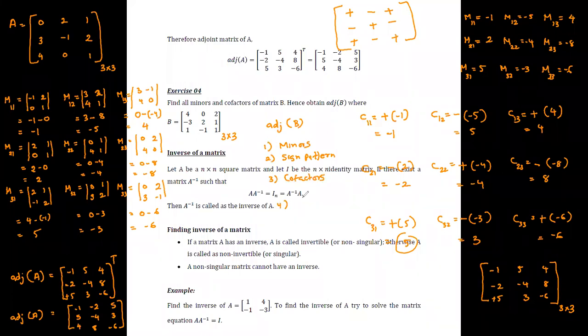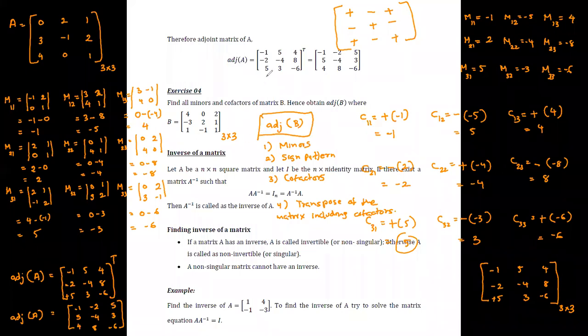Then you write down the cofactors inside the matrix, and you have to get the transpose of the matrix including cofactors. These are the steps of obtaining the adjoint matrix for a given square matrix.